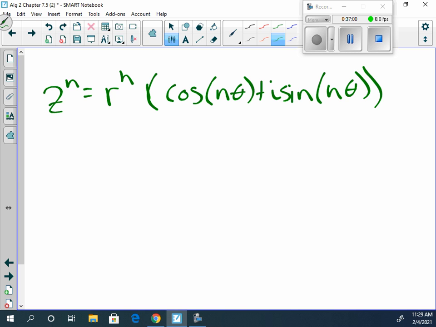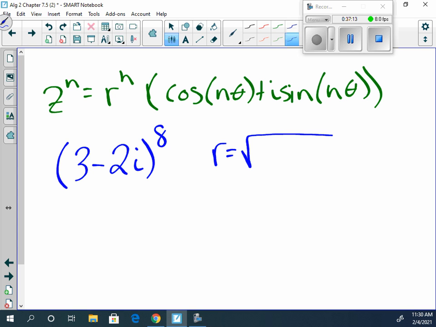Now for 49, what we would need to do is convert 3 minus 2i. I'm going to find r, which would be 3 squared plus negative 2 squared. Well, that would be 9 plus 4, which is the square root of 13. It doesn't reduce.